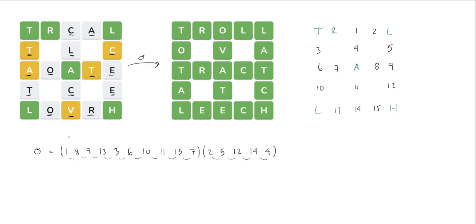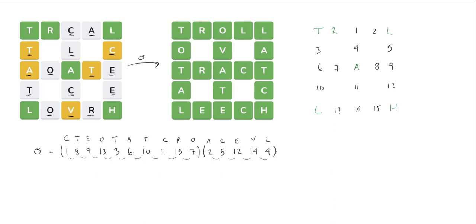So like the 1 was a C. Okay, the 8 is a T, the 9 is an E, 13, that was an O, 3 is a T, 6 is an A, 10 is a T, 11 is a C, 15 is an R, 7 is an O, let's see, 2 is an A, 5 is a C, 12 is an E, 14 is a V, and 4 is an L.